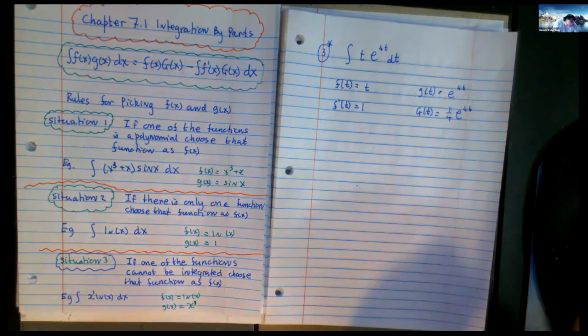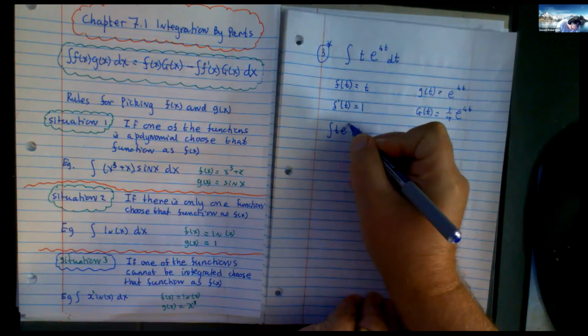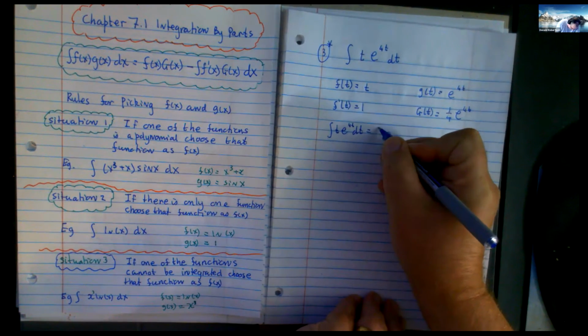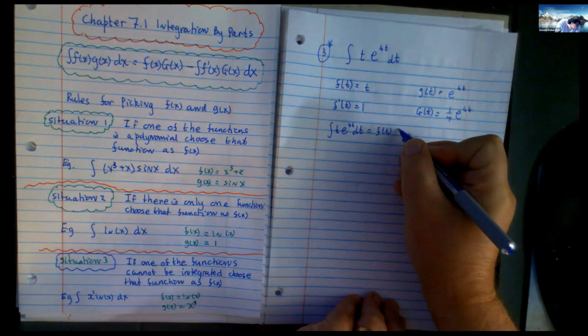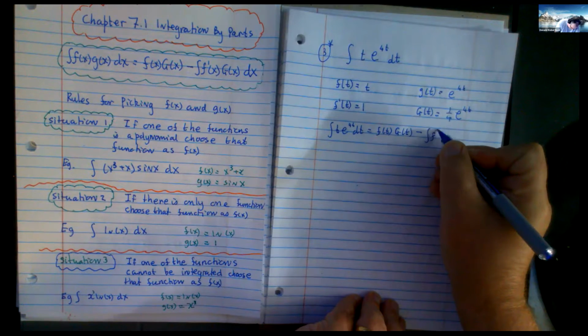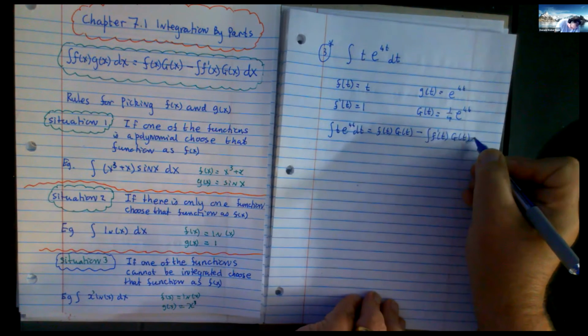Put the pieces together then, which is what we have here. It's going to be f of t, capital G of t, take away the integral of f dashed of t, capital G of t, dt.